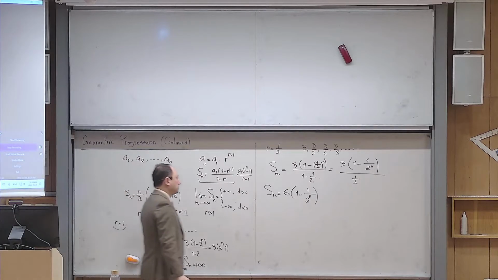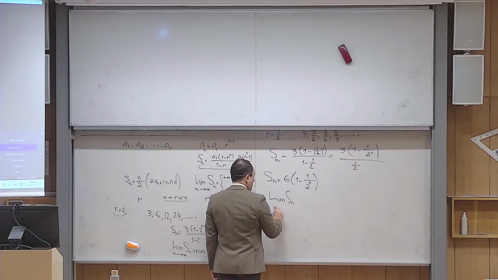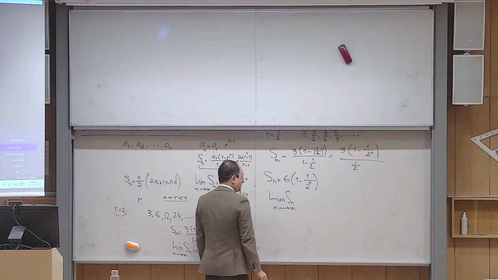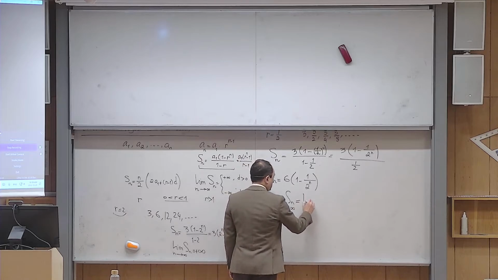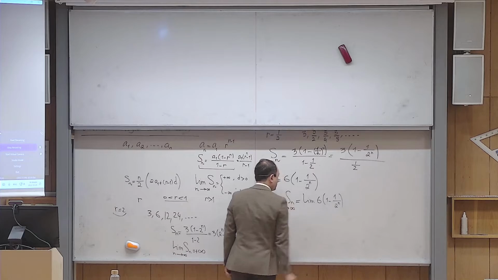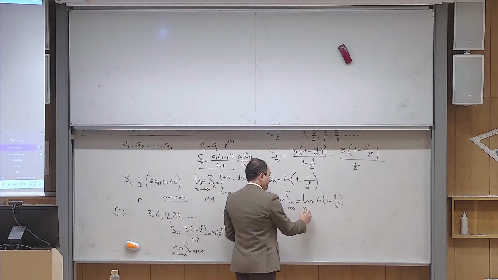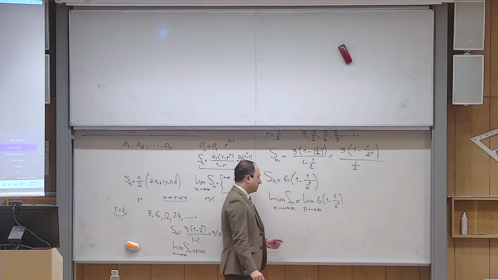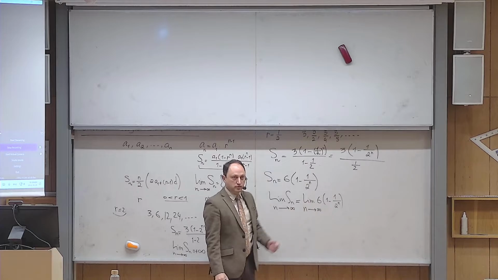Now I want to do the same thing. I want to take the limit of this Sn to see what happens if I increase n to infinitely large values. So what is your guess? What is happening? I am increasing n. When I increase n, 2 to the power of n increases.